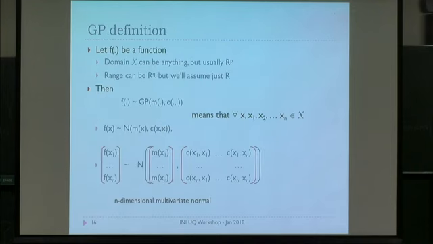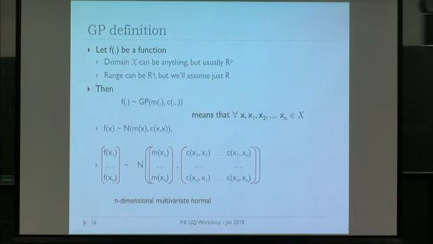So formally, f is a function. Its domain can be anything, but usually we'll have R^p. The range can also be more or less any Euclidean space, but we usually have it just one dimensional. Simulators often produce many outputs, but usually we're interested in one at a time.